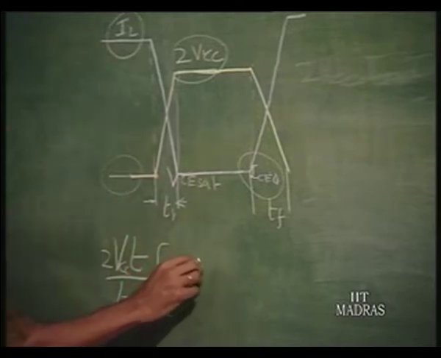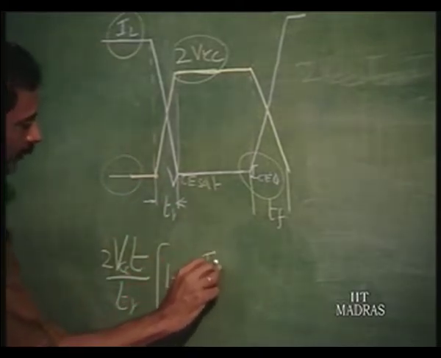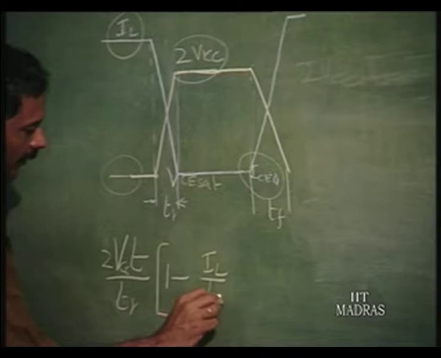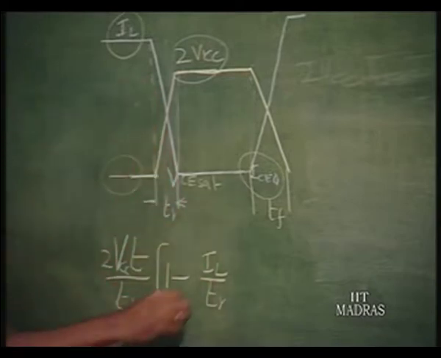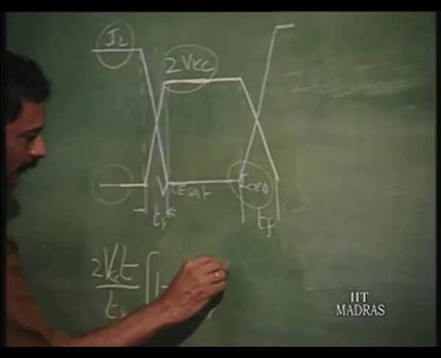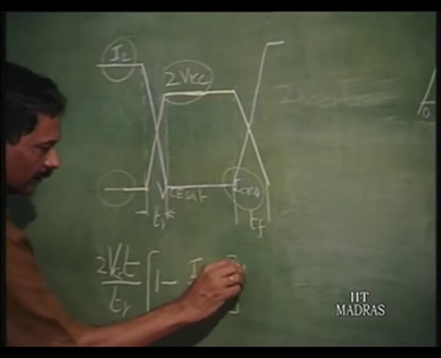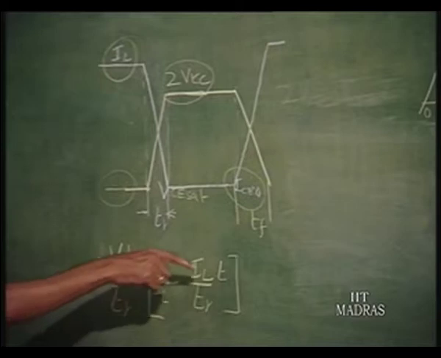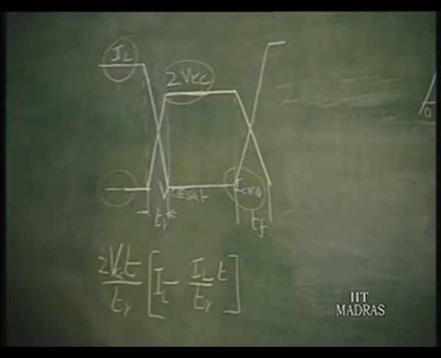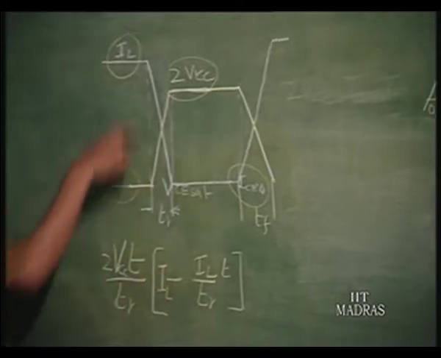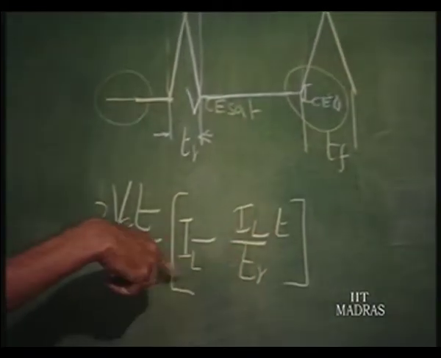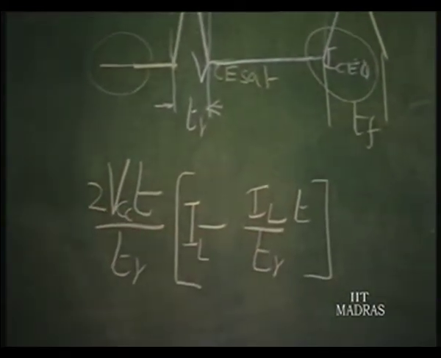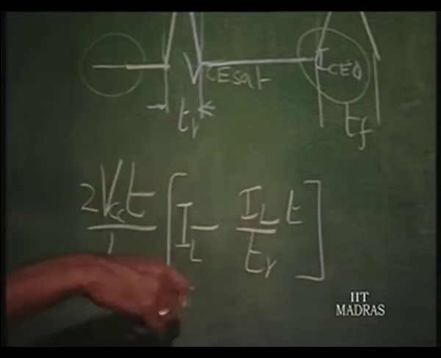So, we can put it as IL by Tr, that is the slope again, into T, that is, IL minus IL into T by Tr. At T equal to 0 it is IL, at T equal to Tr it is 0.